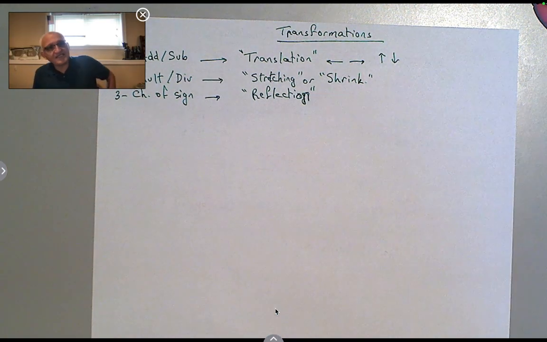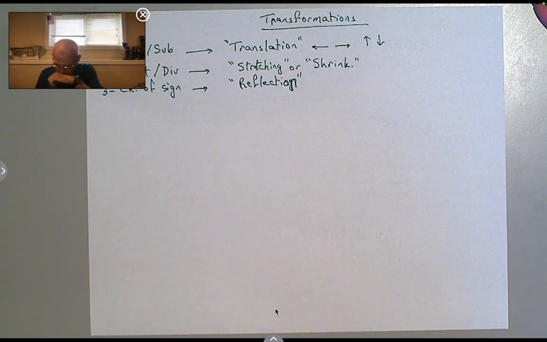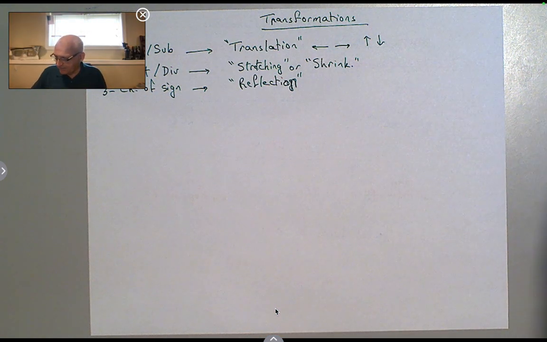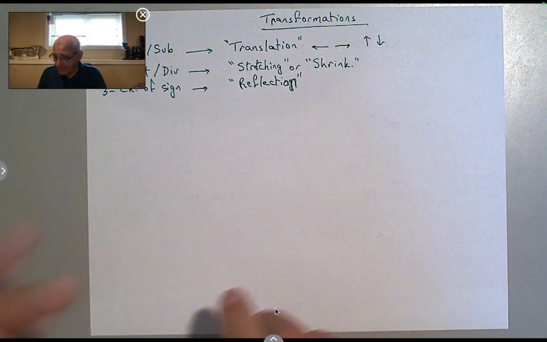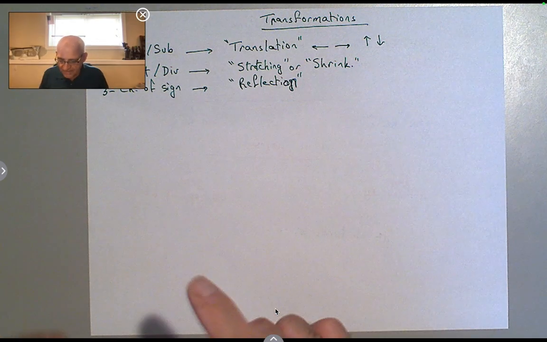So let's take an example and see how that works. What do I mean by how we find what happened to my graph? Okay, so let's take an example.